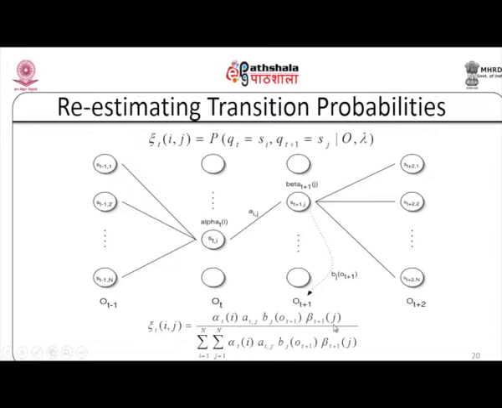So, the probability of seeing j at time t plus 1 is called beta_{t+1}(j).